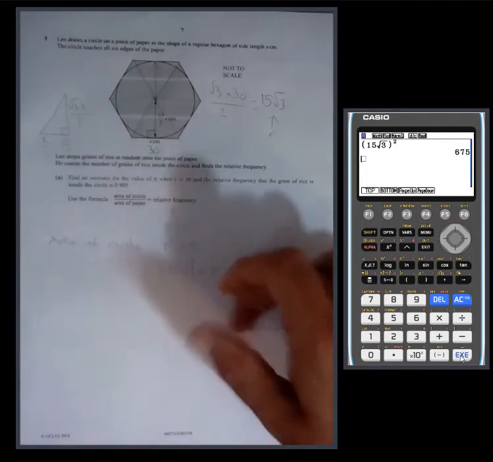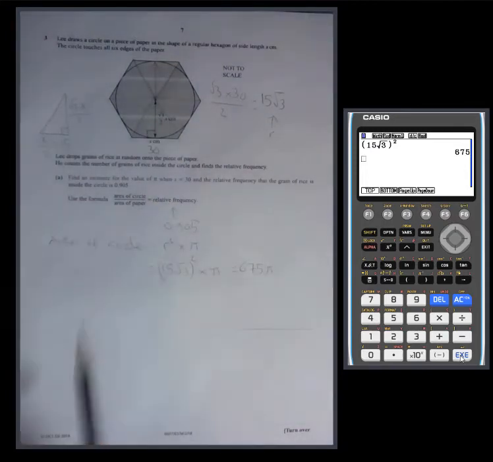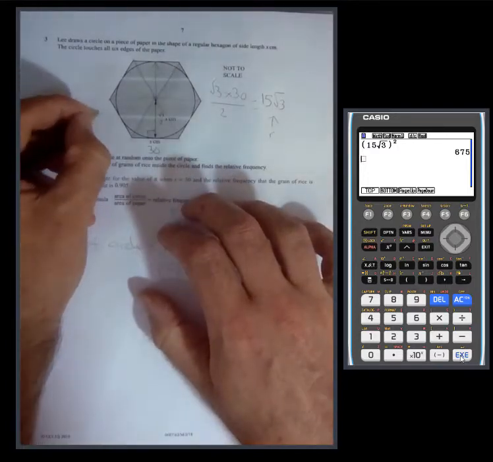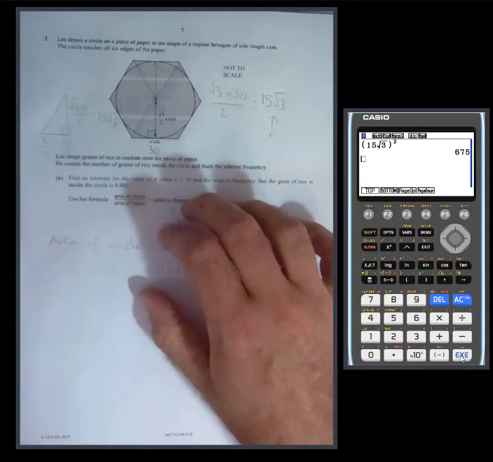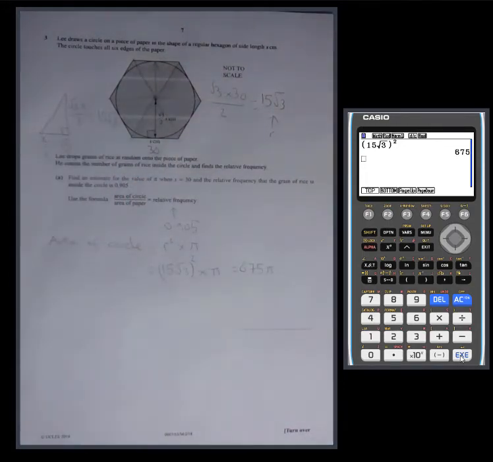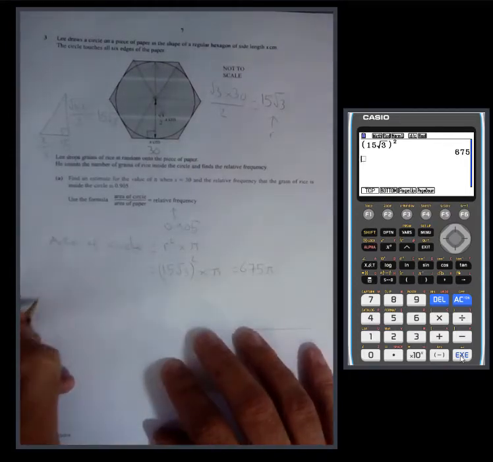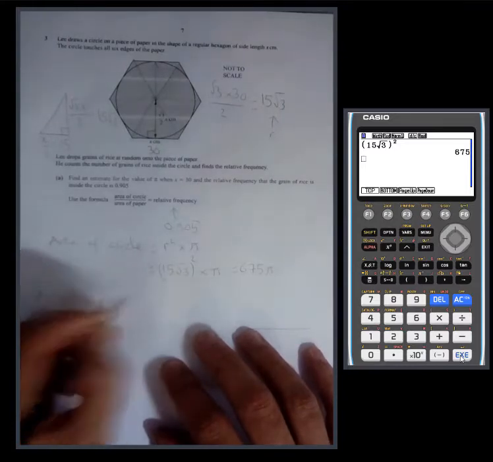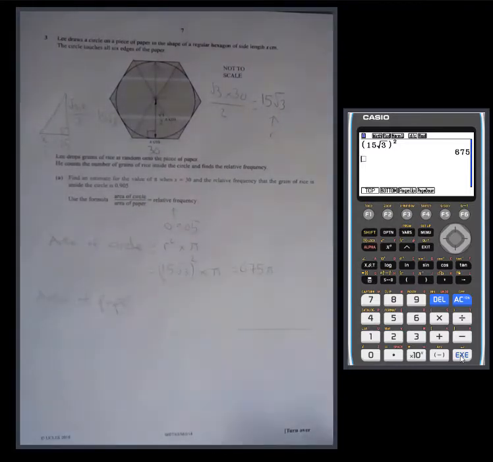So in our case, x was 30, so 30 over 2 is 15, so it must be 15 root 3. Like that. So just check 30 over 2, 15, 15 root 3. Right, so for the area of paper, you've got to work out how many triangles there are.